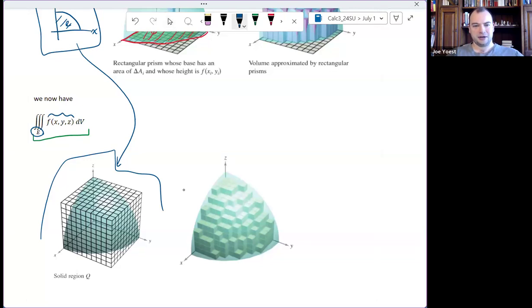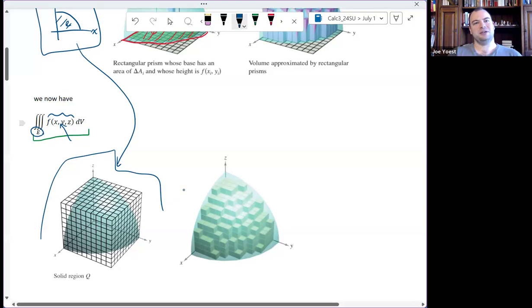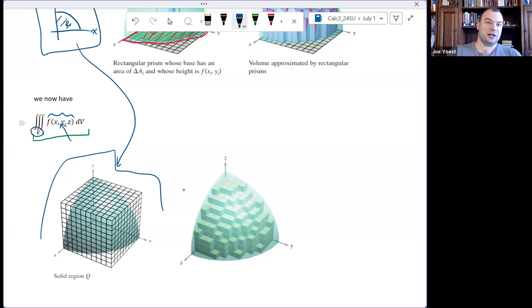And my function f, often we can think of f as maybe a temperature at each point. I can sample the temperature somewhere in, for instance, this cube, and I assign that temperature to that entire cube. A different increment of volume would likely get a different temperature assigned to it. And then I add up all of these temperature times volume things.